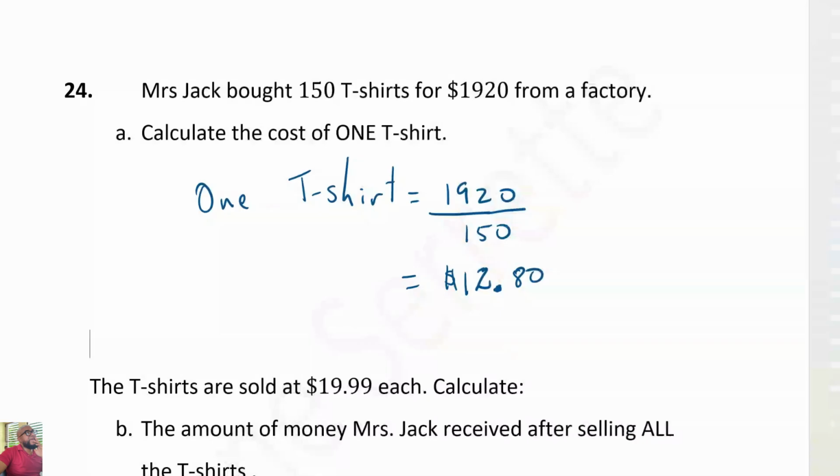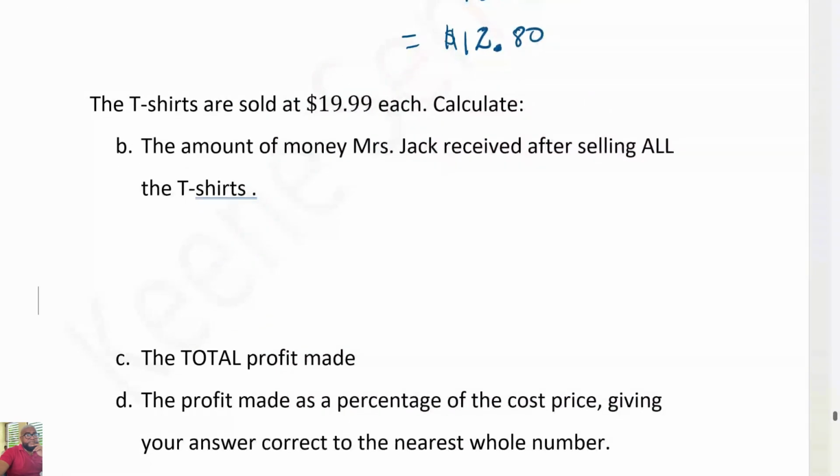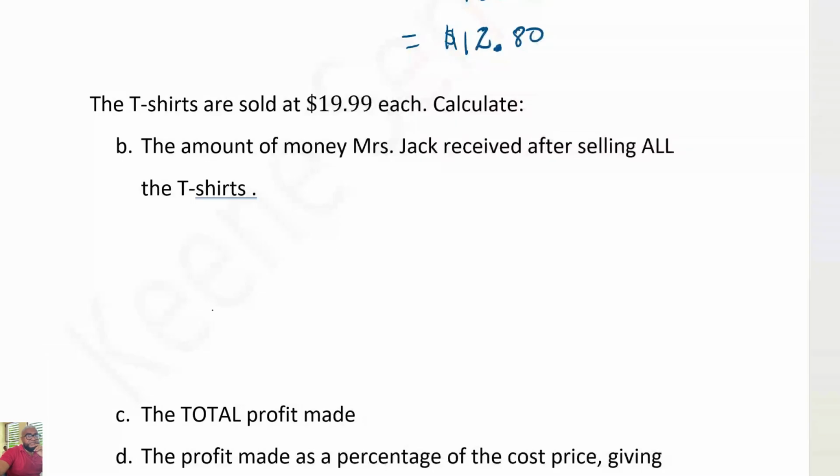Now, they said the t-shirts are sold at $19.99 each. The amount of money Mrs. Jack receives after selling the t-shirts. What would she receive after selling the t-shirts? How many t-shirts was it?